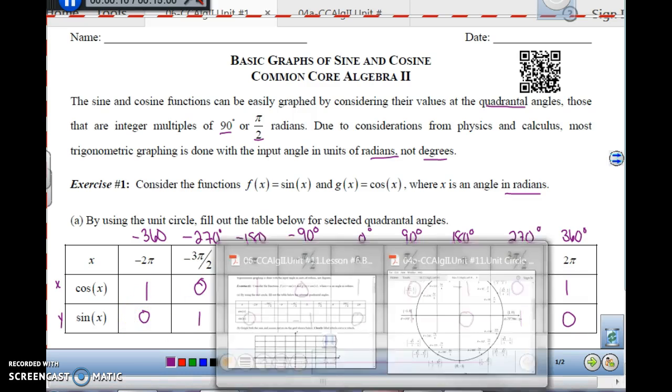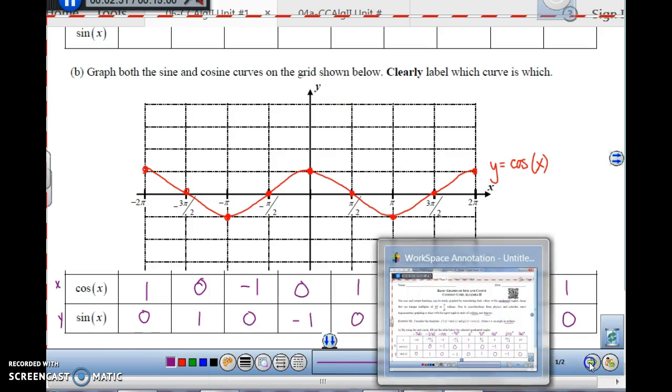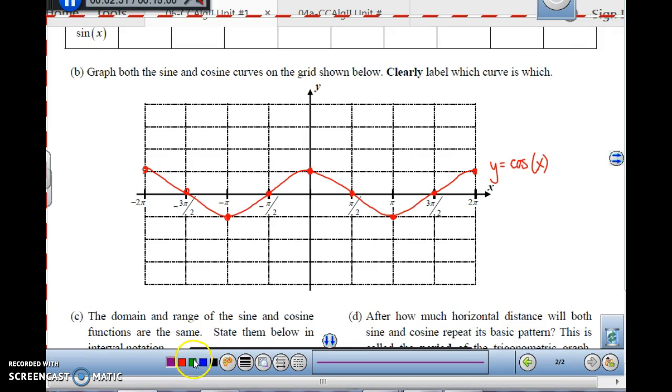Okay, so working through my values here, when I graph these, here's my other graph. Let me do this in blue so we can see the different one. Now sine starts at 0. It goes to 1 at 90 degrees, or pi over 2, then back to 0, negative 1, and then 0, and then it reverses, negative 1, 0, 1, and then back to 0.